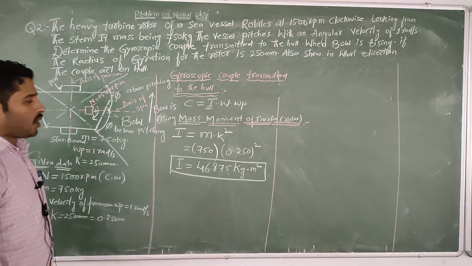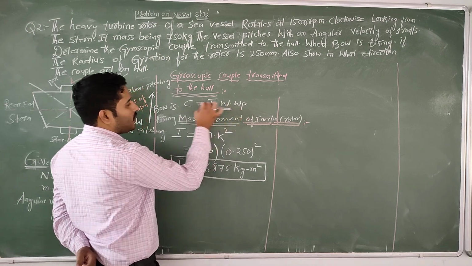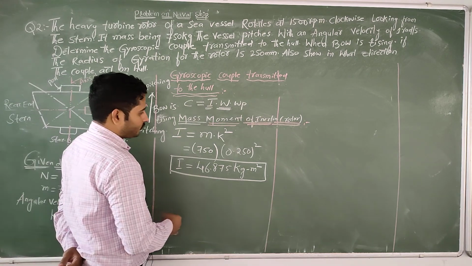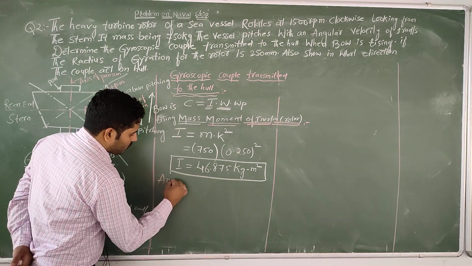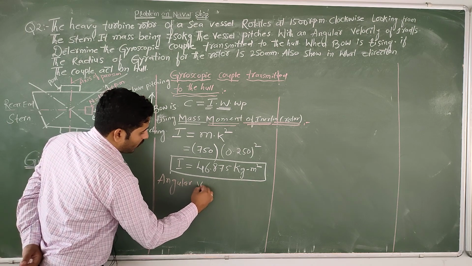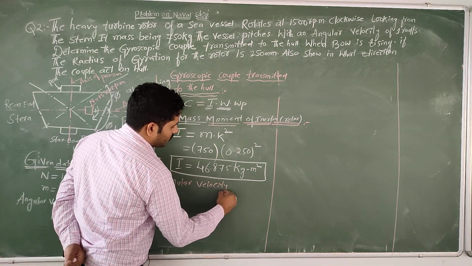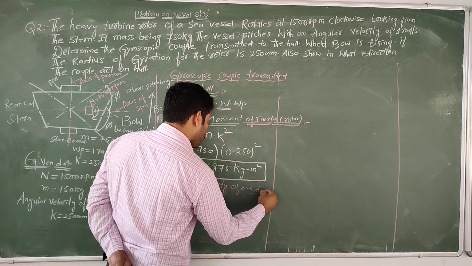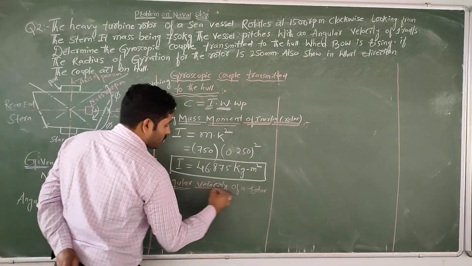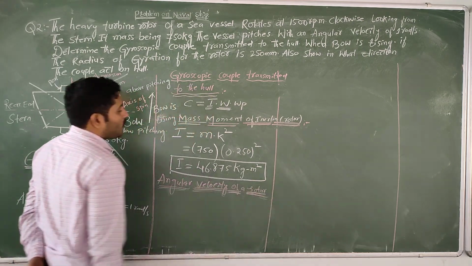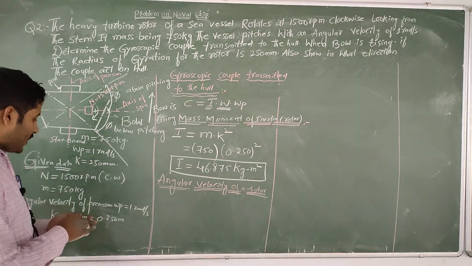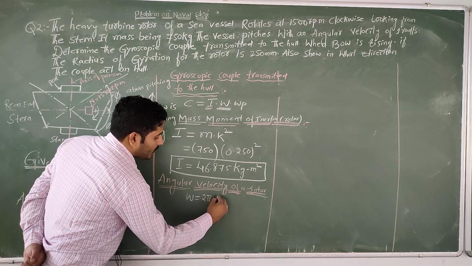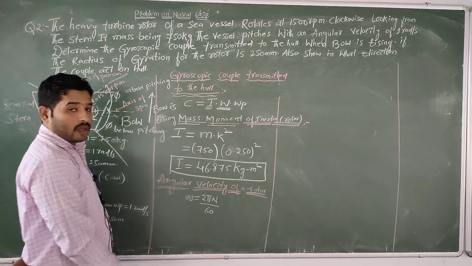Again, what we need to find out? We need to find out the angular velocity of a rotor. The angular velocity of a rotor is represented by omega equal to 2 pi N by 60. Is it right?